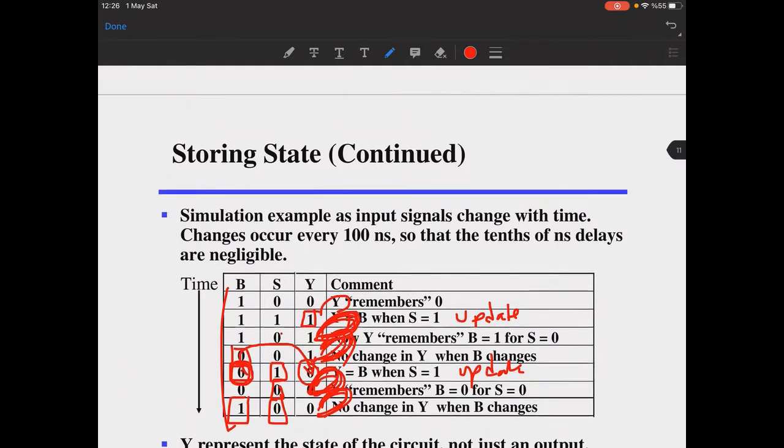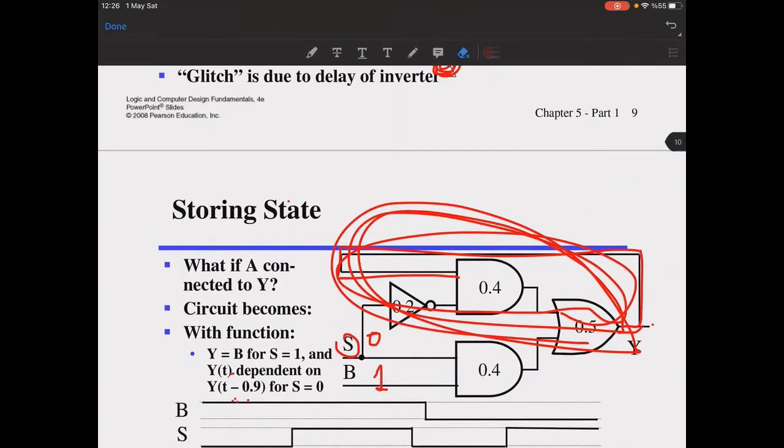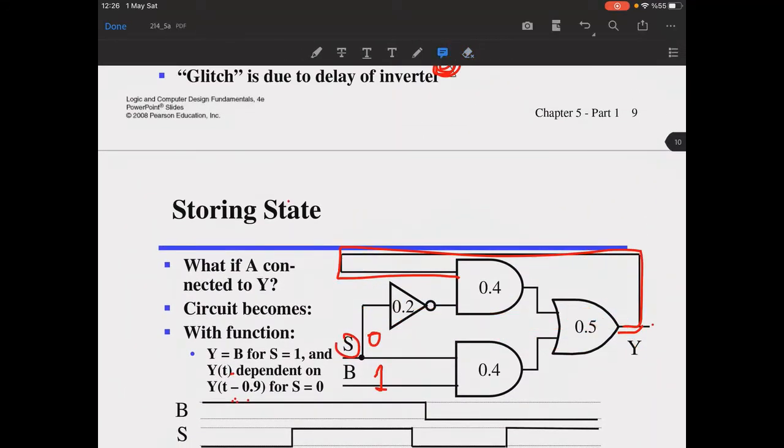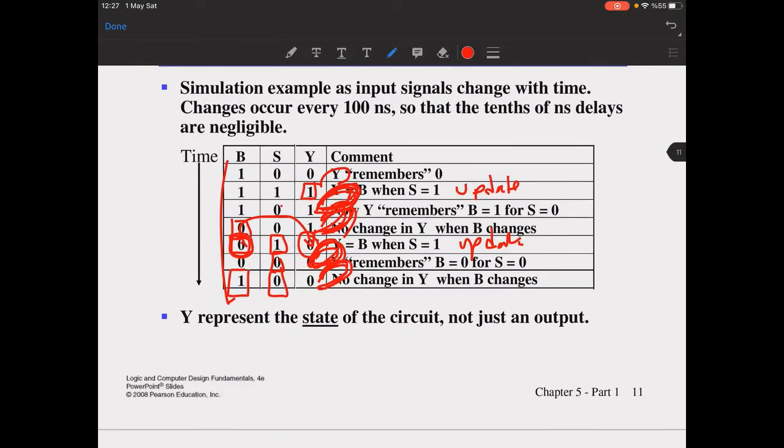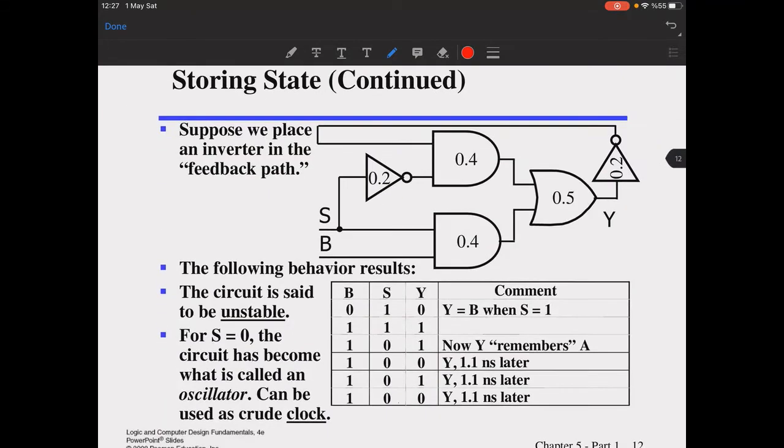It is not just an output as you see here. Normally, this looks like an output of your circuit, but also its state as well. This is what it tells us. Y represents the state of the circuit. It's not just an output anymore.